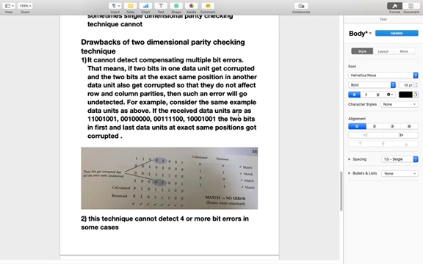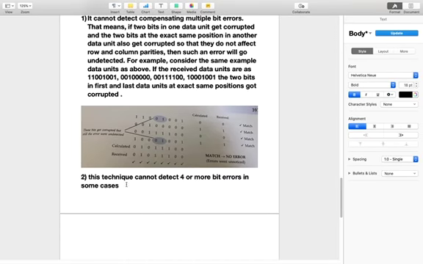If the received data units are like this, the two bits in the first and last data units at the exact same positions got corrupted. So here we have the same positions, same corruption, and the row and column parities match, so the error went unnoticed. This technique also cannot detect 4 or more bit errors in some cases.